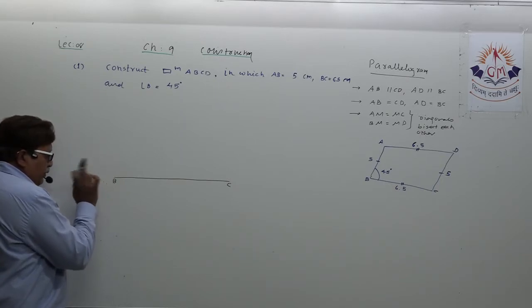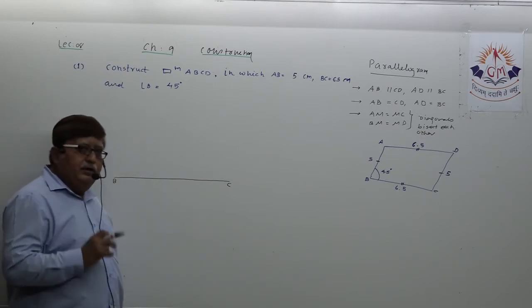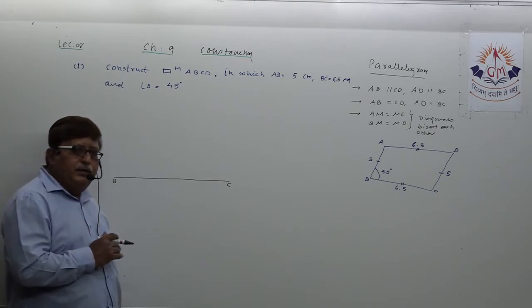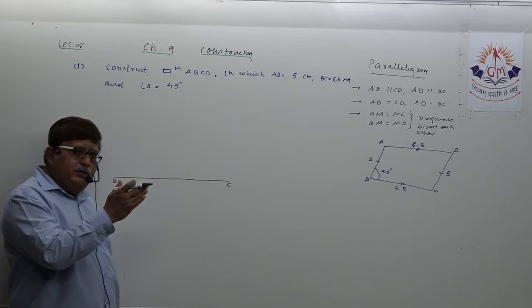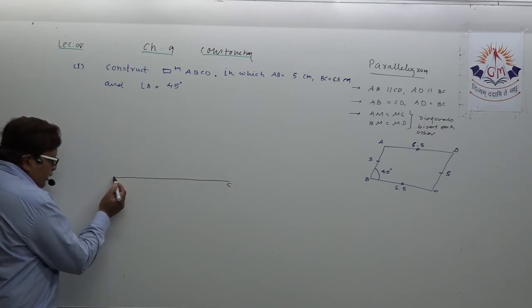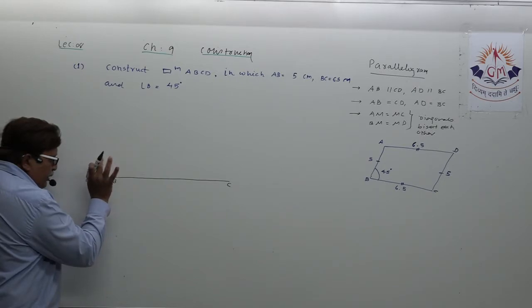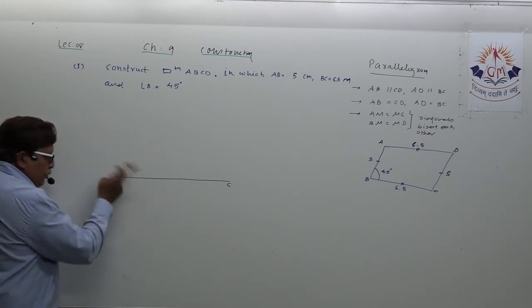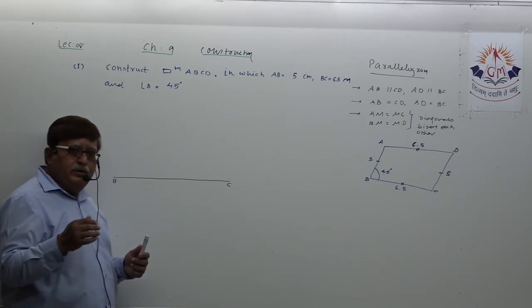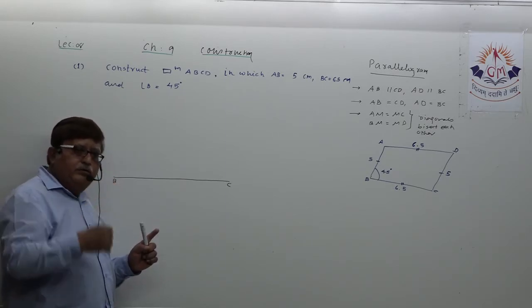How to construct the angle of 45 degree, I have already explained to you: for construction of an angle of 45 degree you will bisect between 30 and 60, that you all know. But let us draw it once again, and what I am going to do today, if I draw one arc, I will give you some time so that you feel comfortable at home to draw that arc. Because in offline also the same thing is going to happen, that once I draw the arc, students will try in their book to draw the same arc.